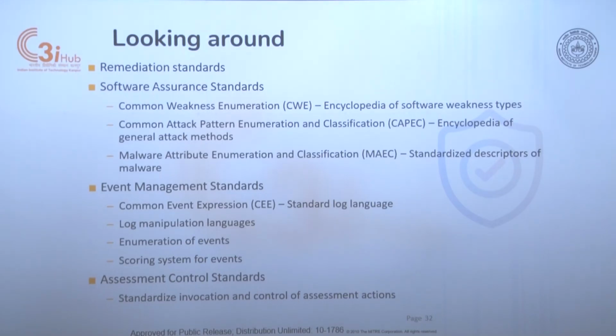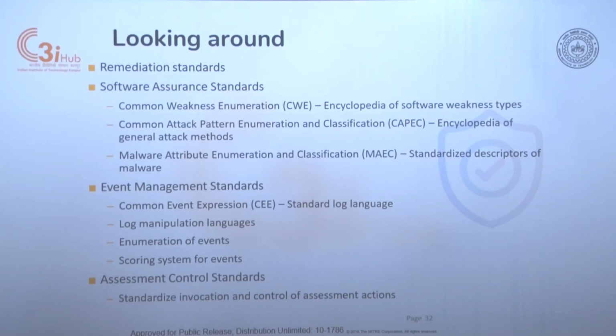So, there are other related standards, or I will not say standards, but these have now become kind of de facto standards, such as Common Weakness Enumeration, which we talked about, right. Many CVEs now come with a Common Weakness Enumeration. So, it is an encyclopedia of software weakness types.